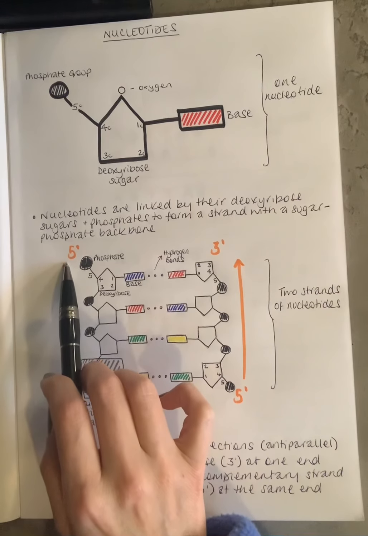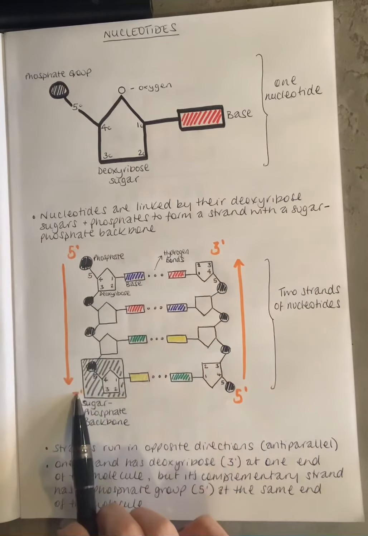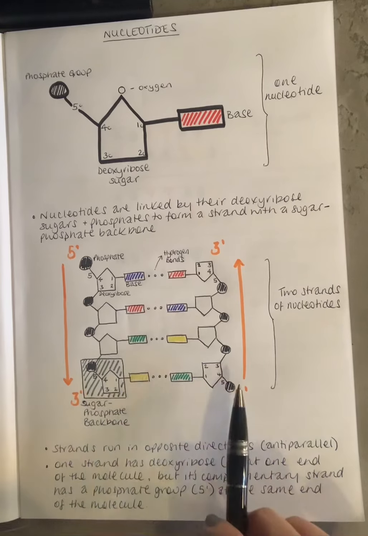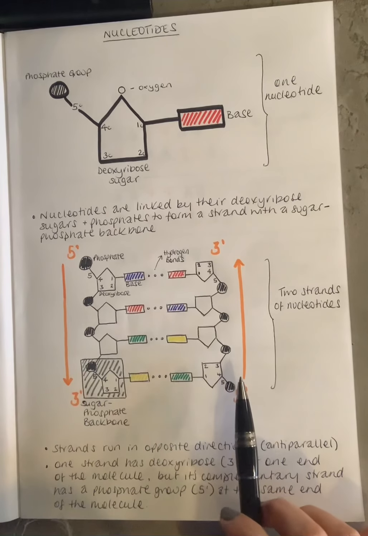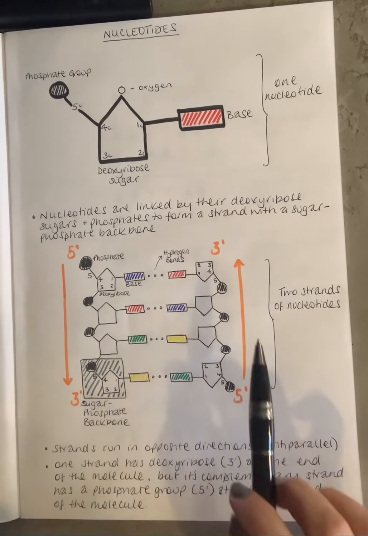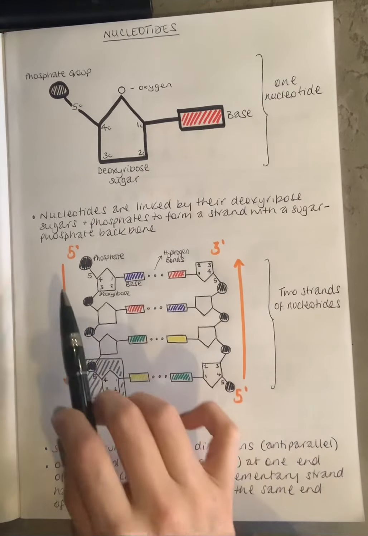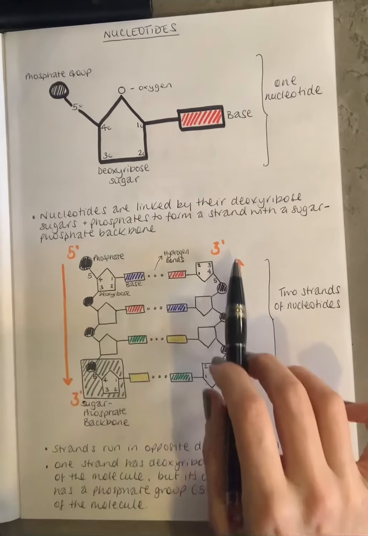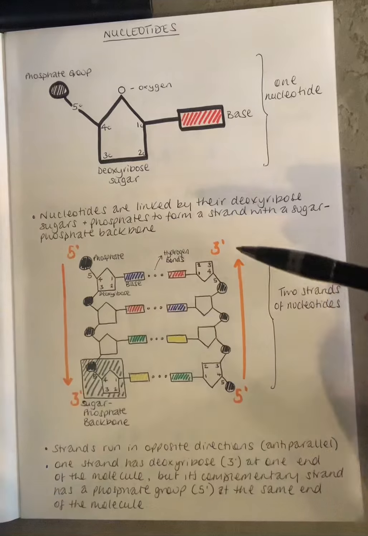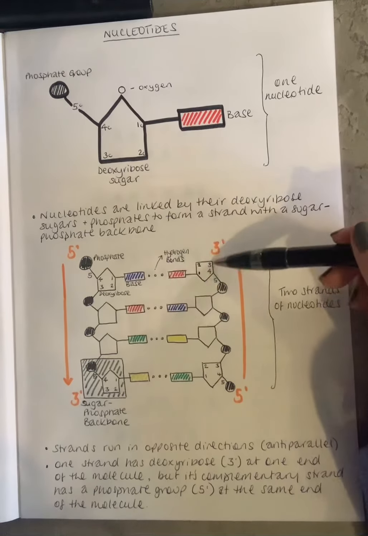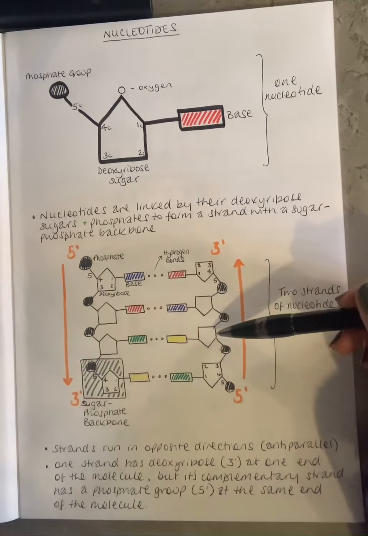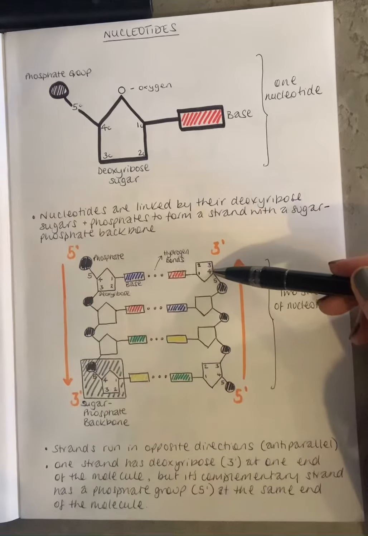So this strand is running in this direction, 5 to 3, and the importance is that the opposite strand runs in the opposite direction, so this is classed as antiparallel, it's going in a different direction. So what you'll see is we still have individual nucleotides, but essentially they've been flipped, they're upside down.